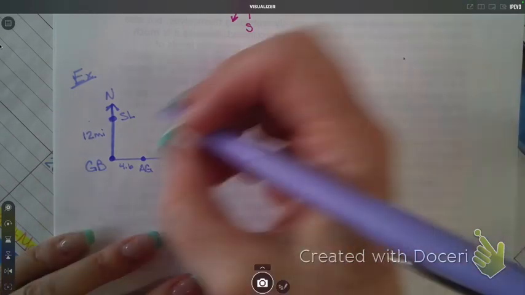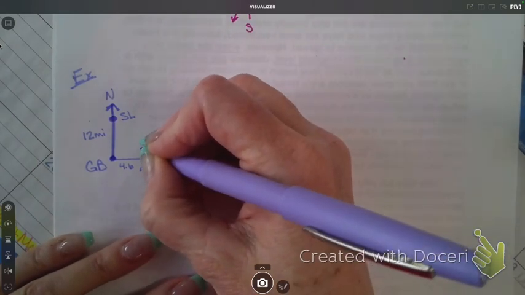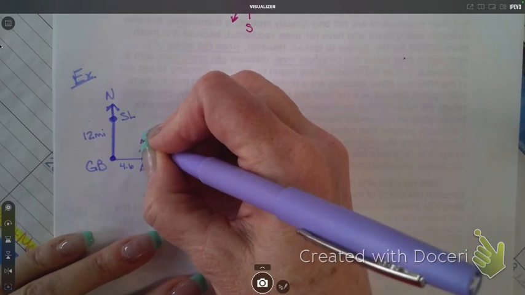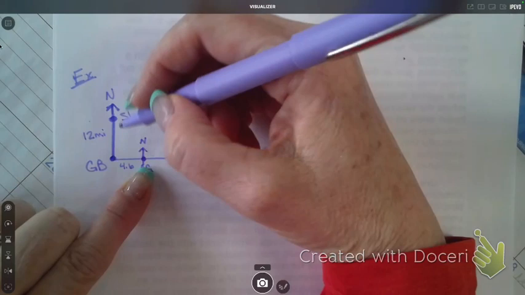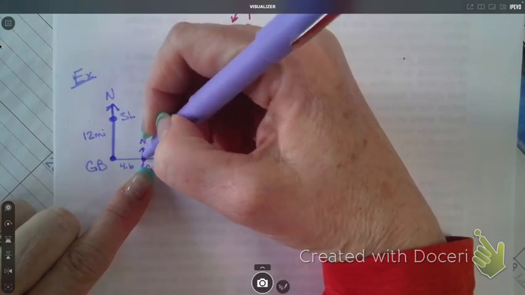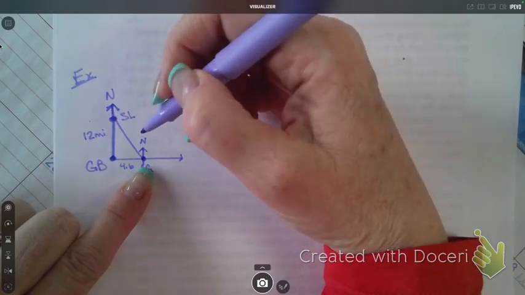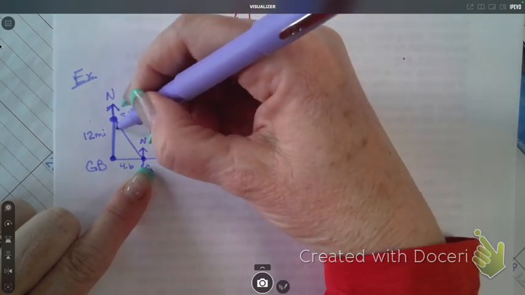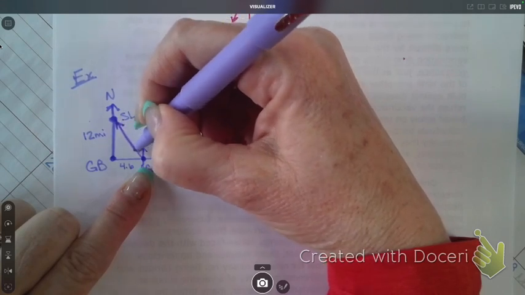So I'm going to make myself a north-south line at Arroyo Grande. And then I'm going to go to where? San Luis. And I'm going to put an arrow this way so I remember that I'm going that direction.